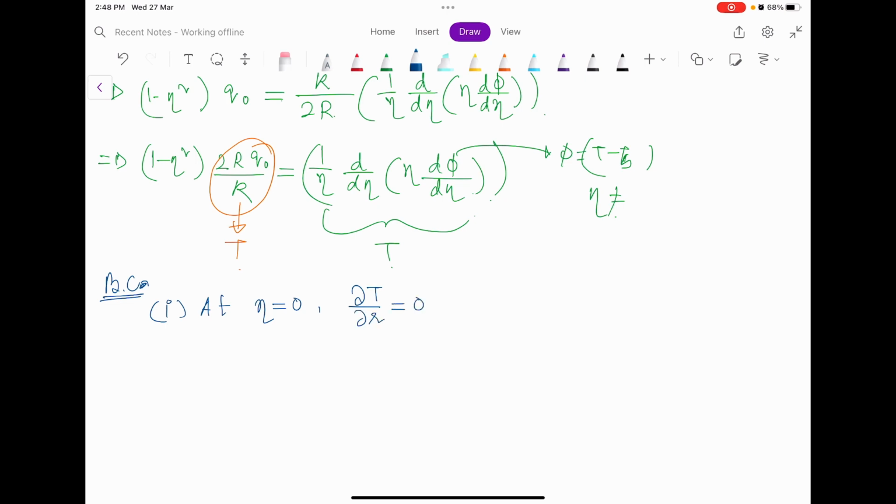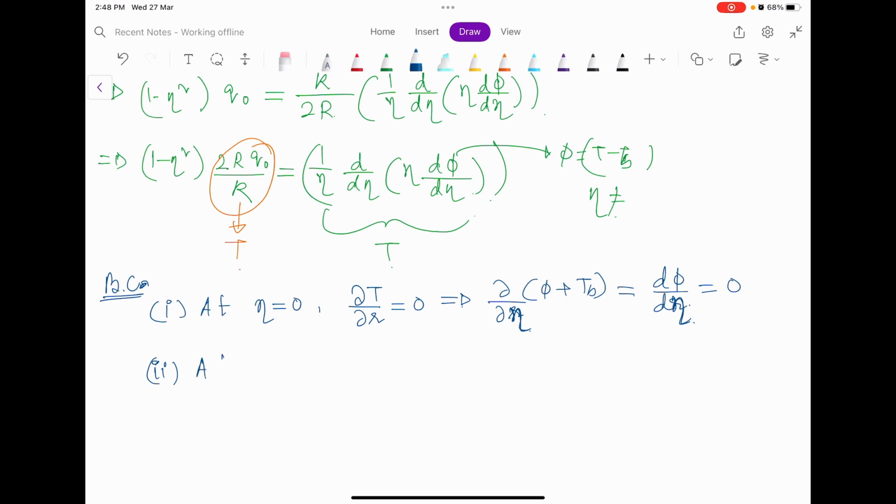And that means my T equals phi plus Tb. Tb is not a function of r, and we are assuming that phi is a function of r, then that is 0. I can easily transform into eta, then I will have a multiplication factor of capital R, and because the RHS is 0, I can write it as 0.